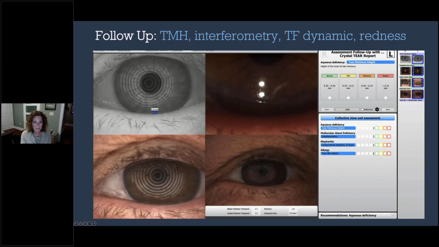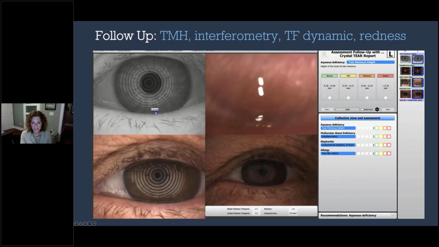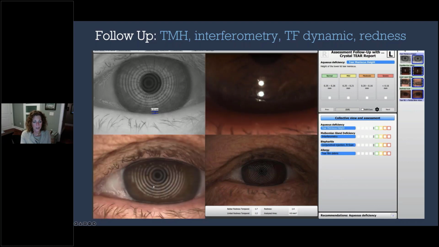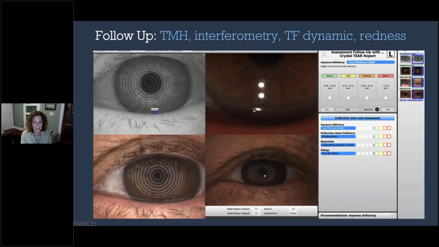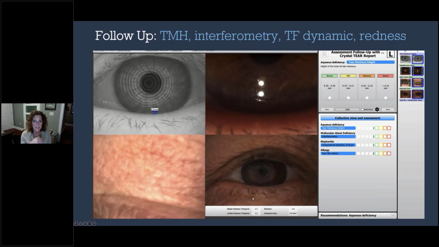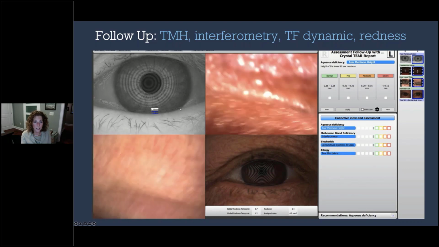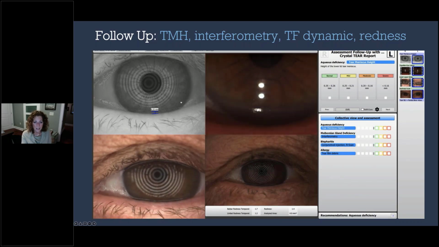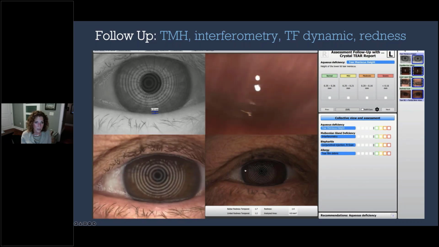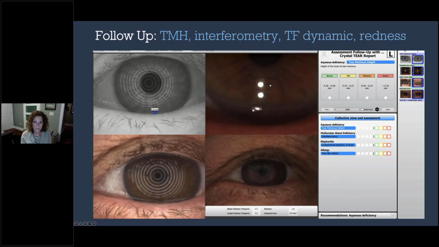When I use my 5M, I'm measuring my tear meniscus height. I can't do that at the slit lamp. I'm seeing the oil in the tear film through the interferometry. Can't do that. And then I'm getting an actual redness score that's automated and able to be tracked over time. So I feel very justified and valid in doing these 3 tests and then billing those anterior segment photos on every follow-up. And then I do the tear film dynamic just for kicks because I want to know.